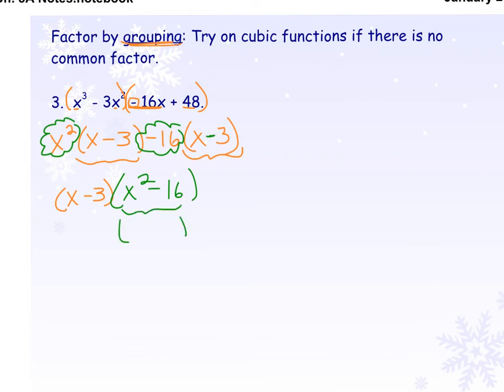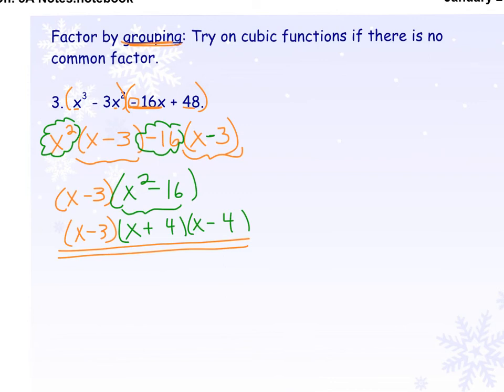So we can split apart that x squared into x times x. The 16 would be 4 and 4, and then just make one positive and one negative, and there's your factored form. Drop down that last parenthesis, x minus 3. This cubic polynomial has 3 separate factors, x minus 3, x plus 4, and x minus 4.